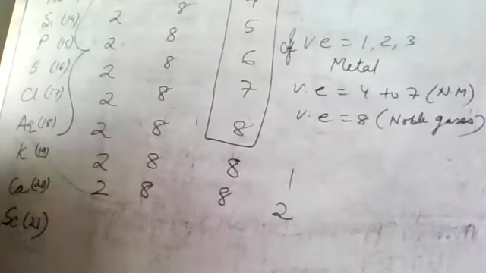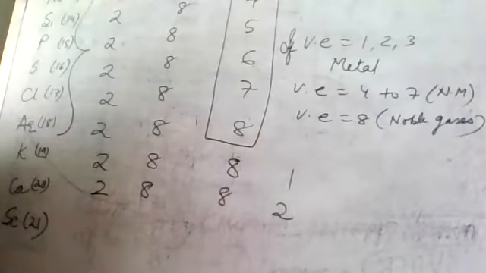Silicon, non-metal, or you can even say they are metalloids also. Silicon comes in the category of metalloids also. Phosphorus, non-metal. Sulphur, non-metal. Chlorine.